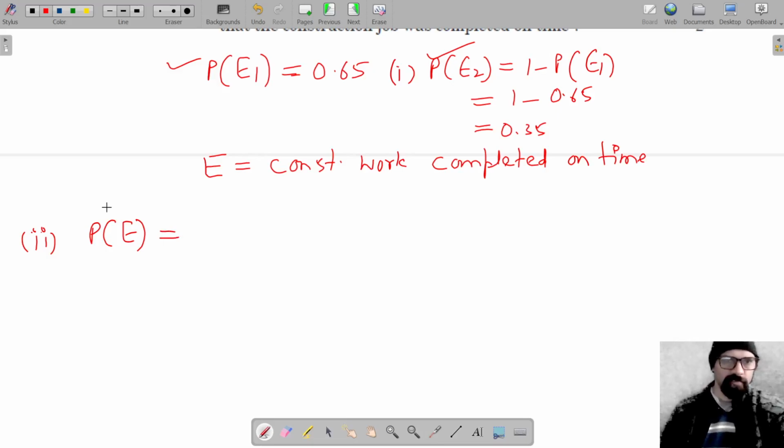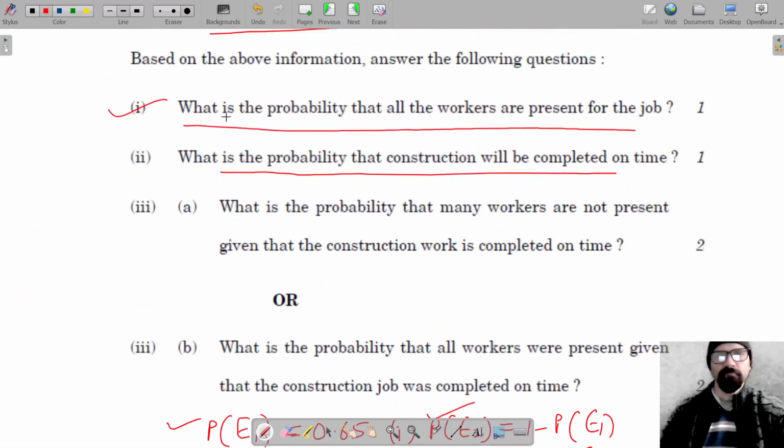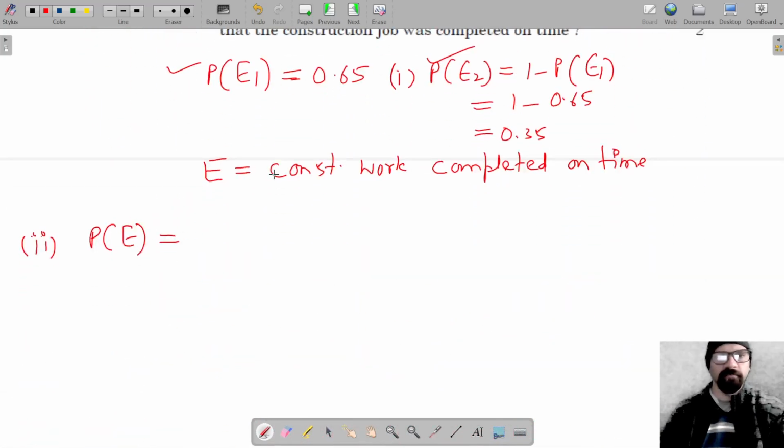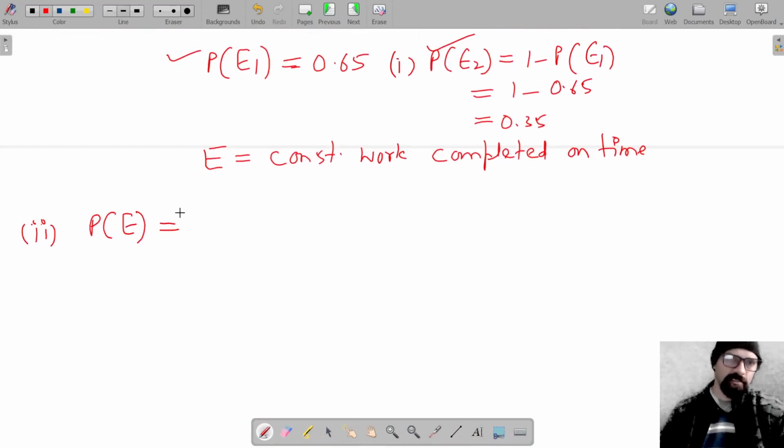Now the construction work is completed in two cases, when all the workers are present and when many workers are not present, which is E1. So the probability that construction work is completed is when all the workers are not present and the construction work is completed when all the workers are not present.